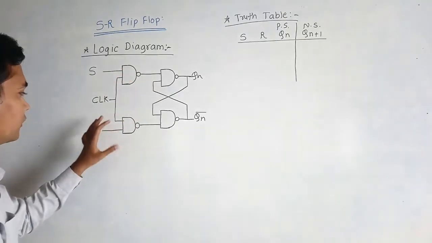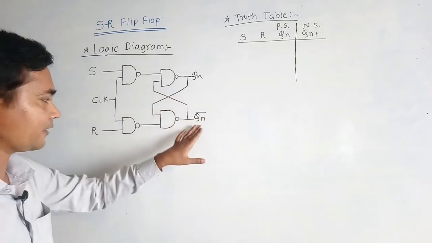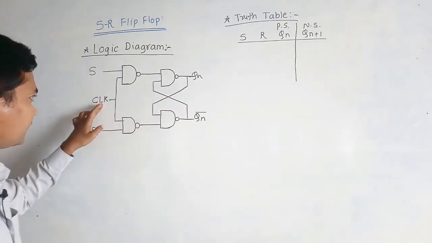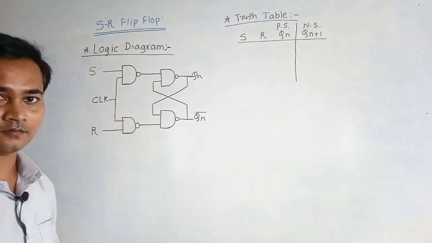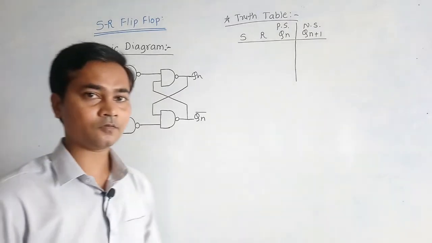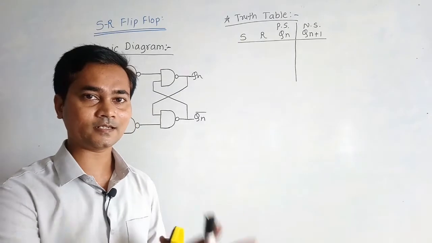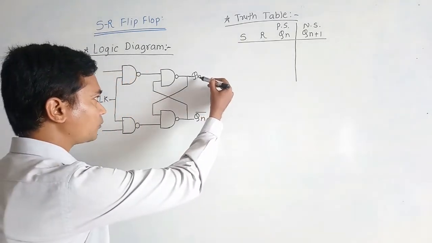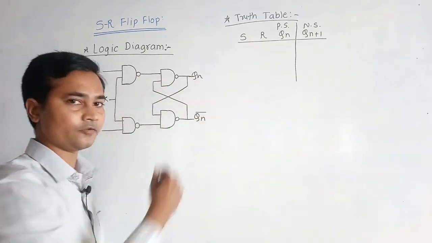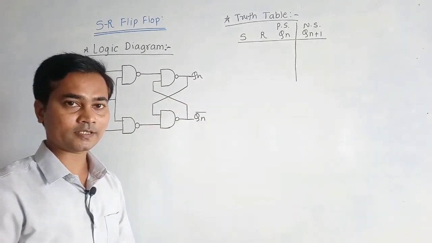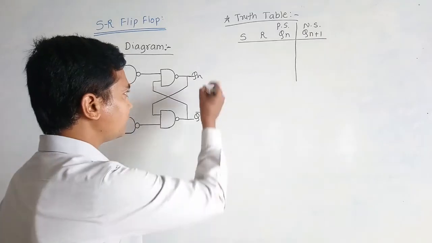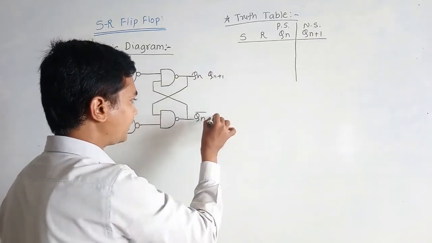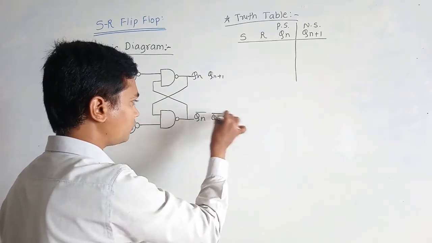The outputs Qn and Qn bar are totally dependent on the clock signal, S and R. If you want to obtain the next output state, it also depends on the present output state, that is Qn and Qn bar. I am talking about the next state, that means Qn plus 1 and Qn plus 1 whole bar.